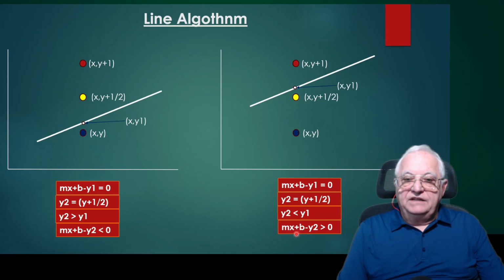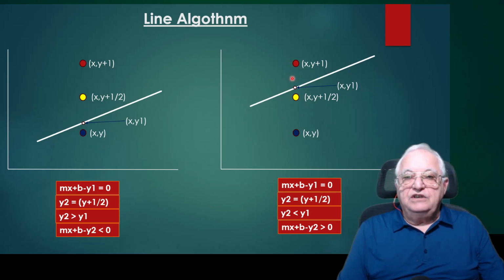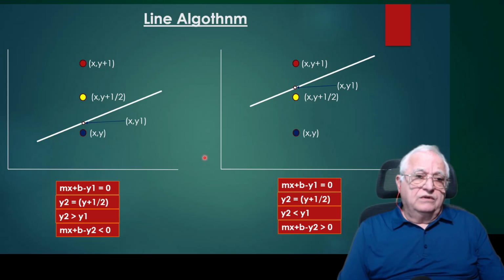And if I plug this into this equation, which was 0, if I decrement y, make y smaller, then this equation is going to be greater than 0. Now what I notice is if this equation is greater than 0, then the line is closer to the red dot than the blue.